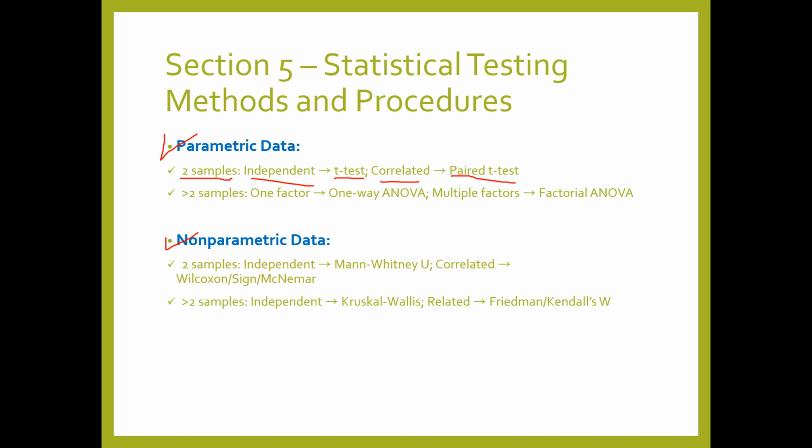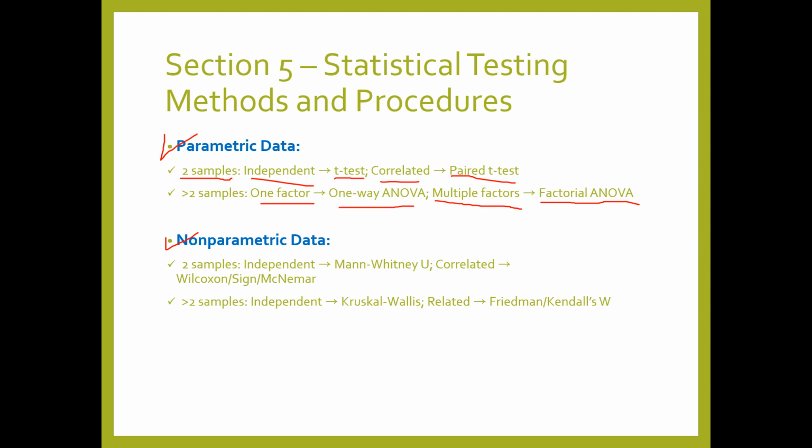And if it is more than two samples, with one factor, you can use the one-way ANOVA. ANOVA is the full name for analysis of variance. One factor is called one-way. If multiple factors, it is called factorial ANOVA.